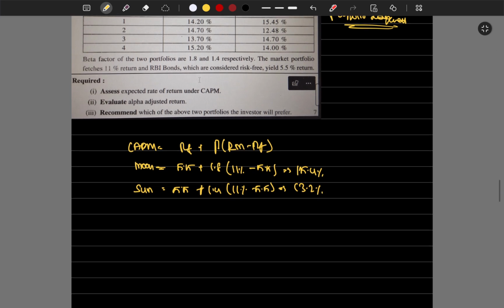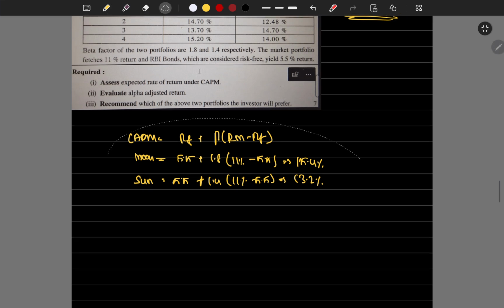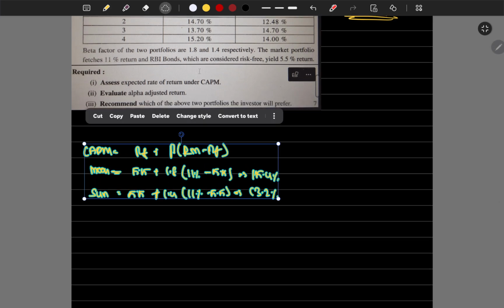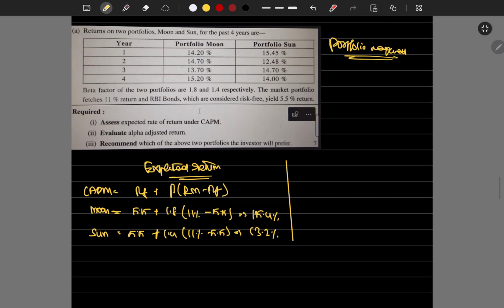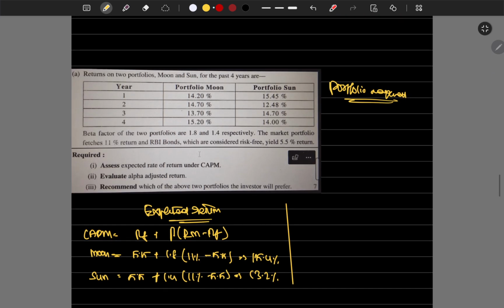Now alpha adjusted returns: we have calculated the expected returns. Once we find the actual returns, we can calculate the alpha. How to calculate the actual returns? These are the past 4 years actual data.